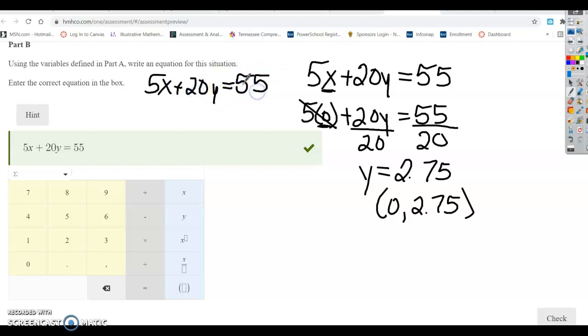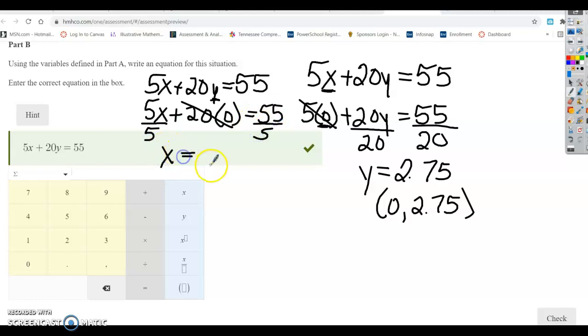The reason it's 0 is because it's an intercept, so it's on the x-axis or the y-axis. Anything times 0 is 0, so we find x by dividing by 5. So x equals 11. If x is 11 and y is 0, that's our other ordered pair.